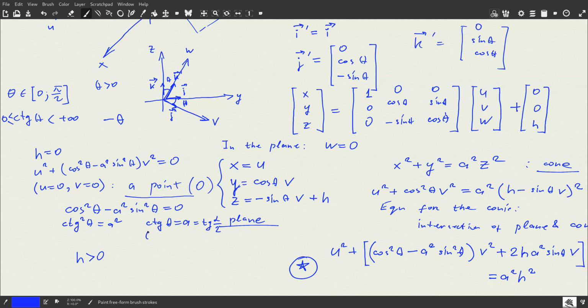Which means that theta is pi over 2 minus half alpha, which really means that our angle is a complementary one to our inclination to half angle at the vertex of the cone.